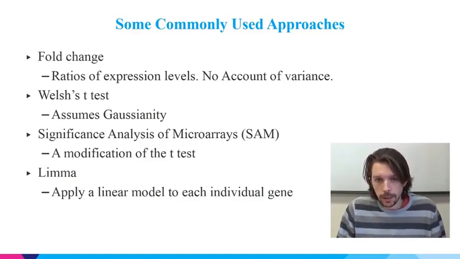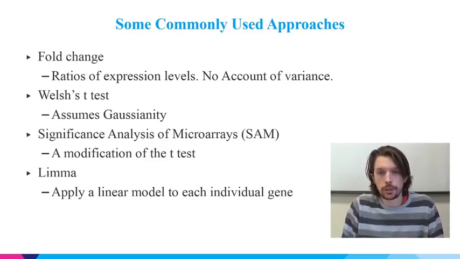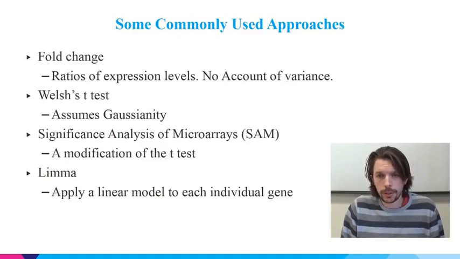This looks gene by gene, and it makes the assumption of a normal distribution and provides a test for the difference of location of the gene expression values. And the last two are significance analysis of microarrays and LIMMA, two very popular methods for analysis of differential gene expression.